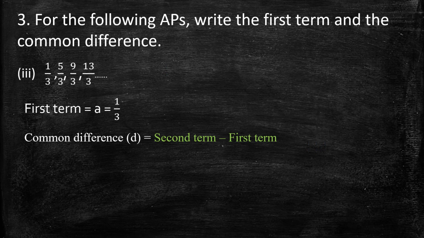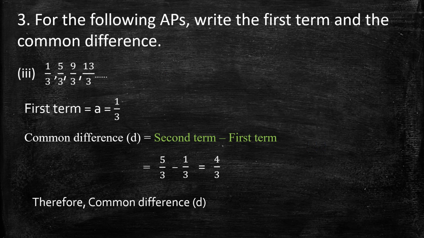Now, we will take second term minus the first term. So, second term is 5 by 3 minus 1 by 3. The denominators are the same. So write the denominator, subtract the numerators. 5 minus 1 is 4 and the denominator remains the same, 3. So it is 4 by 3. So the common difference is 4 by 3. Understood, children?